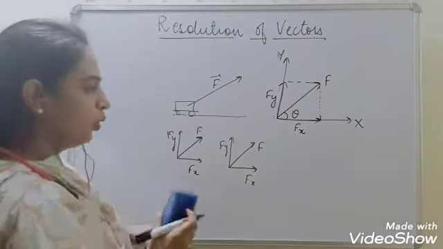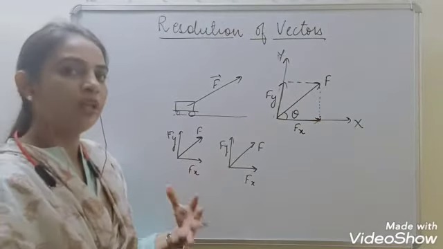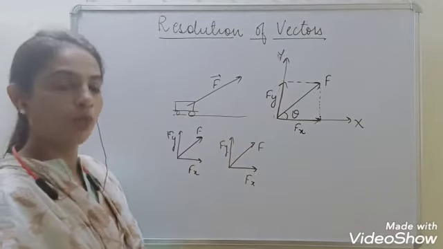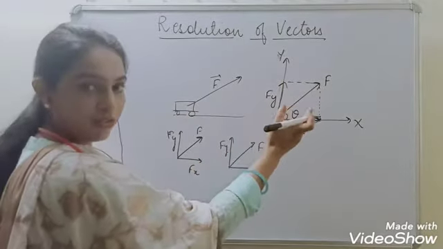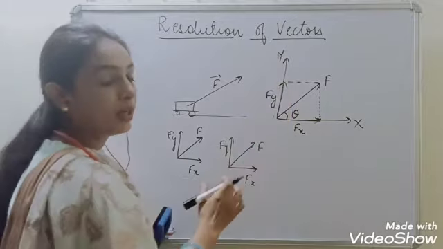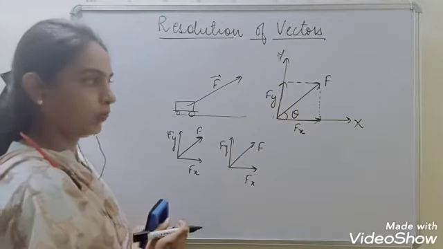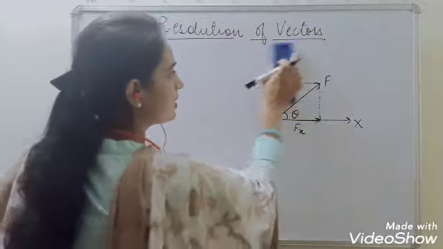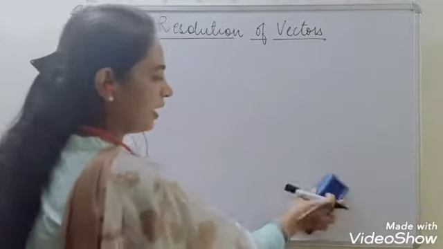So how do we frame this? We call this resolution of vectors. Vector F has two components, one in the x direction and one in the y direction. These are the two components, Fx and Fy, right?